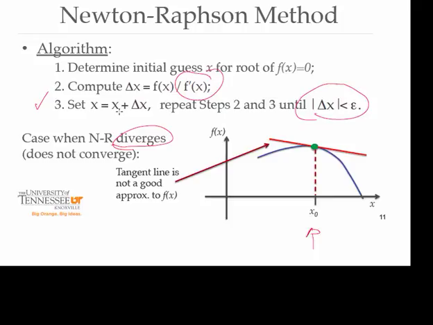This is indicated here: the tangent line near a relative minimum or maximum is not a good indication of what the function is going to do into the future. Clearly the root we're seeking is there, and choosing this as the initial guess is a problem. If we had chosen, say, this point as the initial guess, then the tangent line would have done us a lot of good.